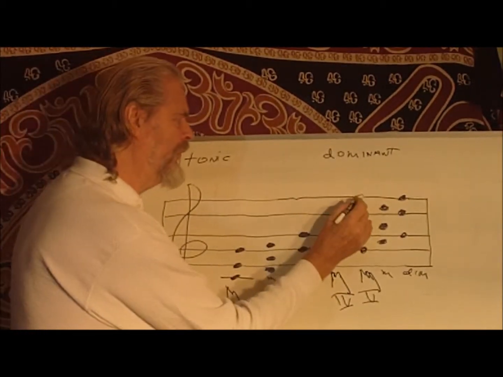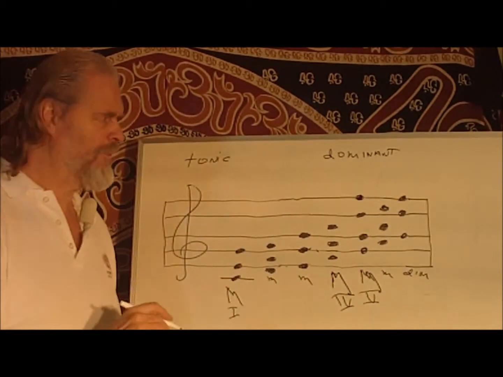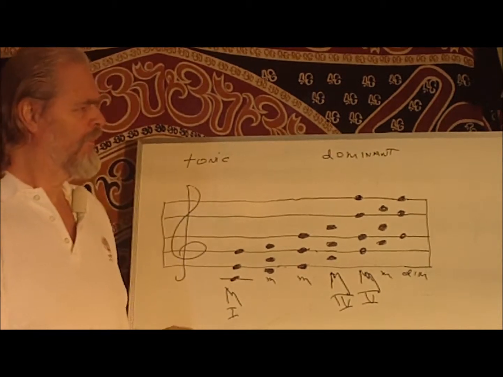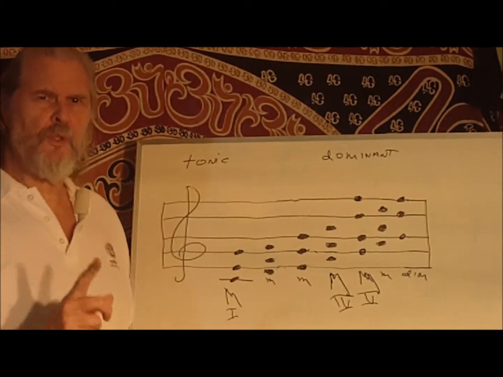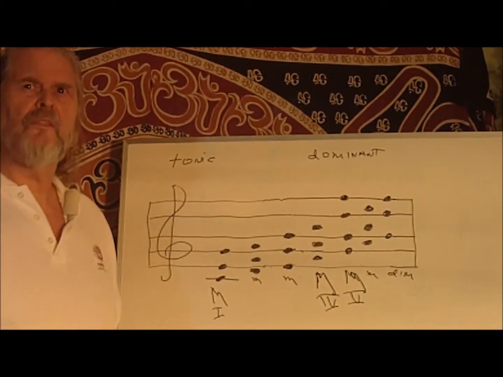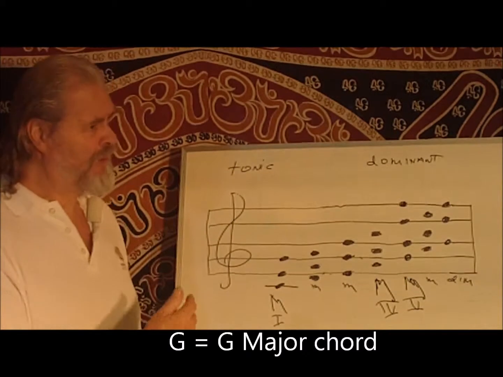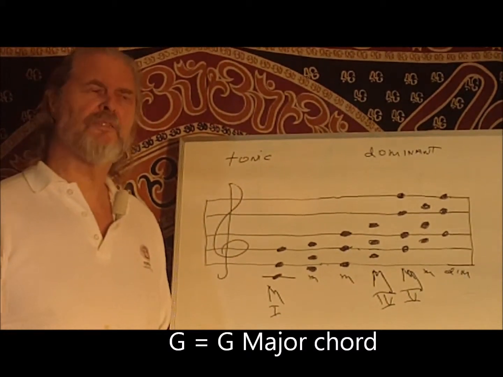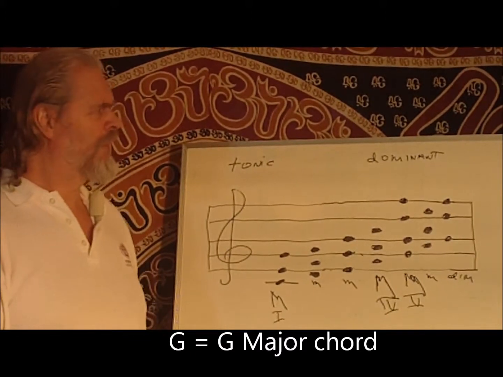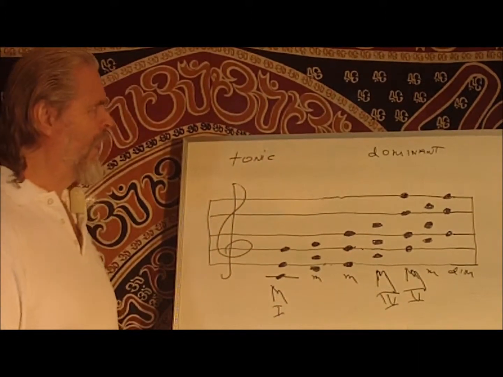If we went up another one, it would be the seventh on F. That's a G seventh chord. Your major chords are called just by the letters themselves, like G or G seventh would mean it's a G seventh chord. Minor is a different story, but I haven't got there yet.